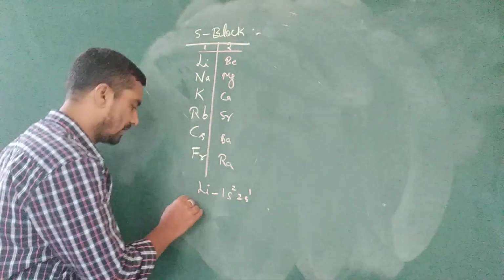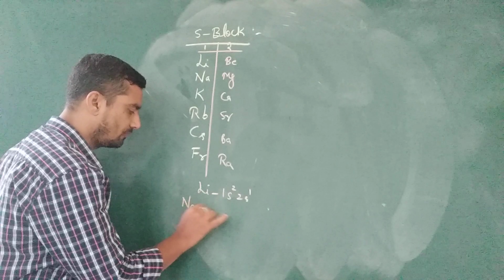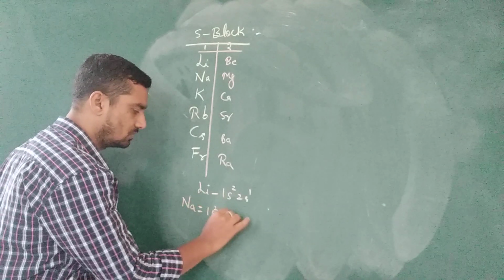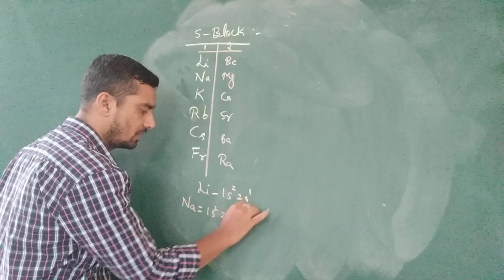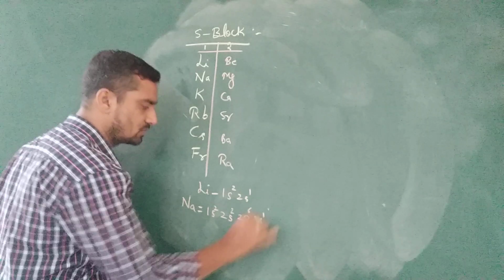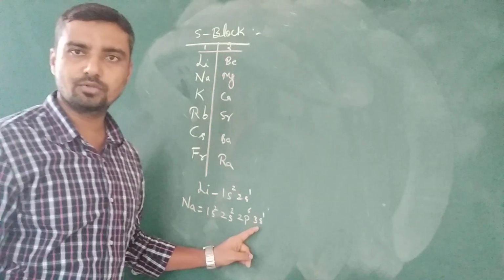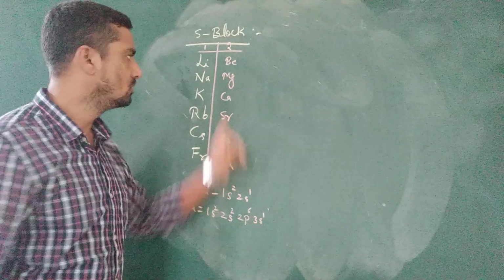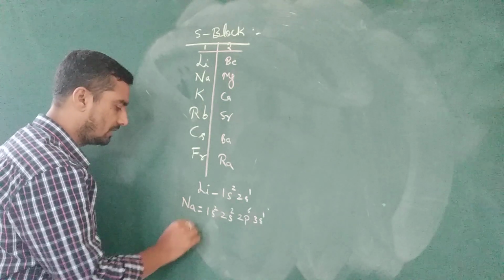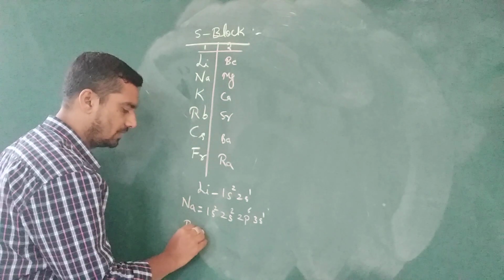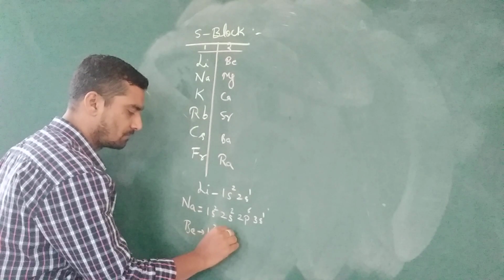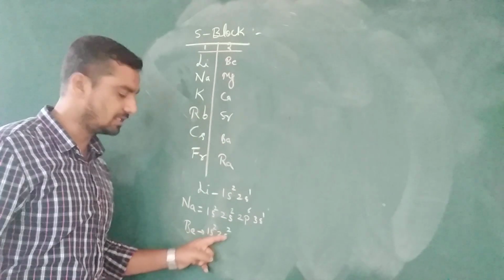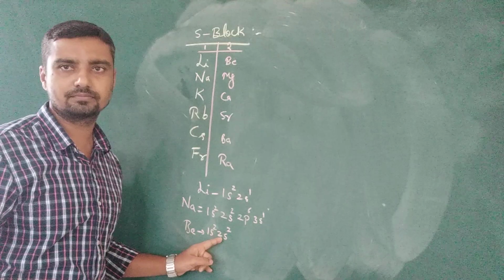For sodium, it is 1s2, 2s2, 2p6, 3s1. The last electron enters the S subshell. For beryllium, it is 1s2, 2s2. Again, the last electron enters the S orbital.